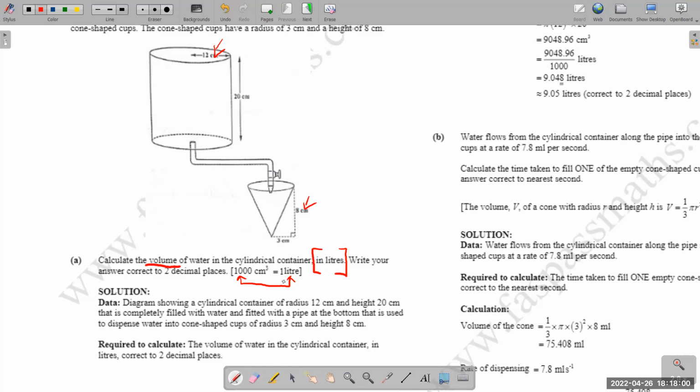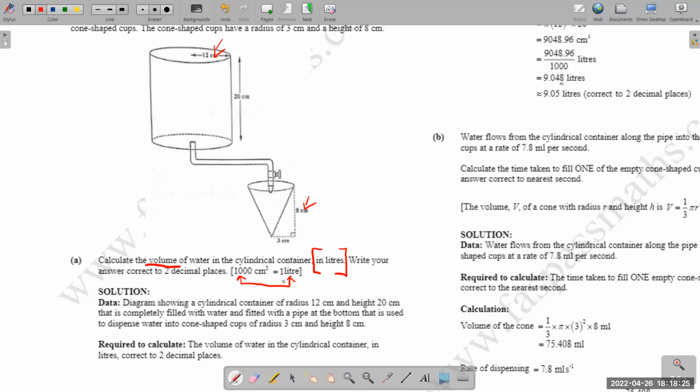All right, so let's go to the question. Here we see they ask us for the volume of water in the cylindrical container. When it comes to the volume of a cylinder, what is the formula for that? Volume is equal to the area of the cross section times what?